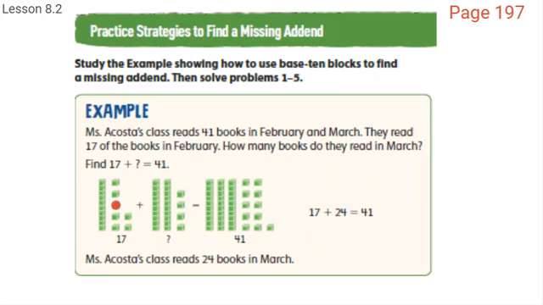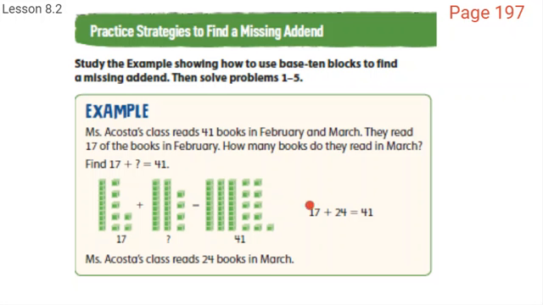So we have 17, so 1 ten, and 7 ones: 1, 2, 3, 4, 5, 6, 7. Plus something is equal to 41. 1, 2, 3. And then here's those 10s right here. This is a 10, but it has ones. 1, 2, 3, 4, 5, 6, 7, 8, 9, 10.